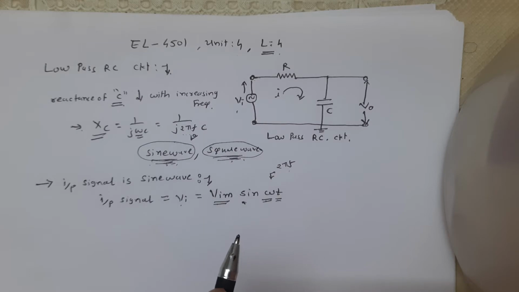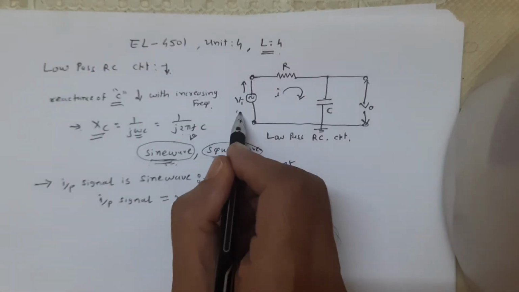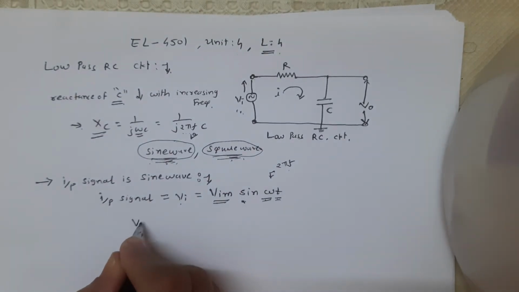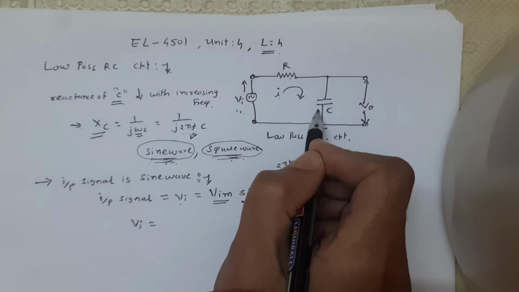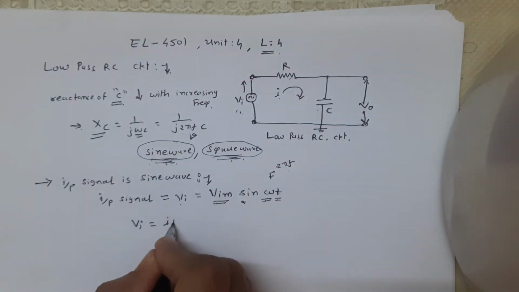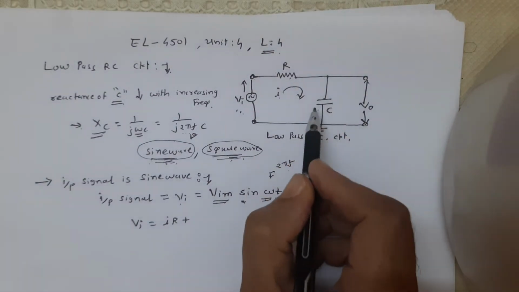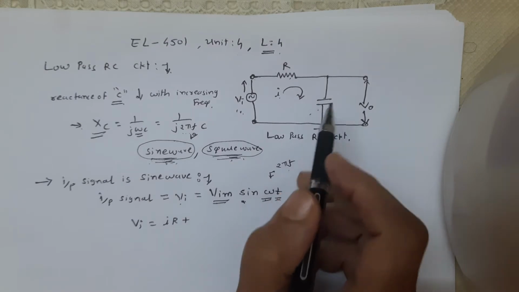Then we can see from the circuit input side that Vi is equal to IR plus I into the reactance of the capacitor.